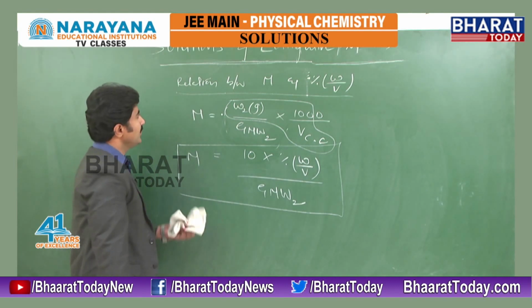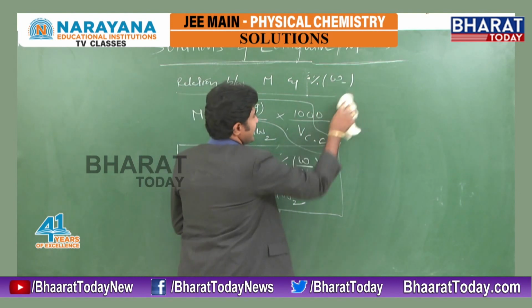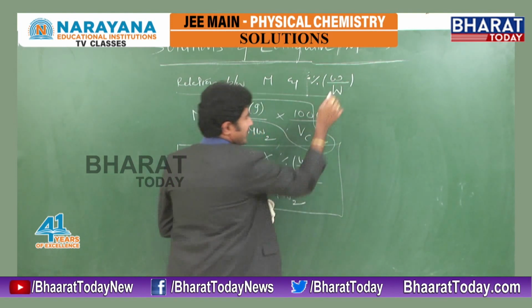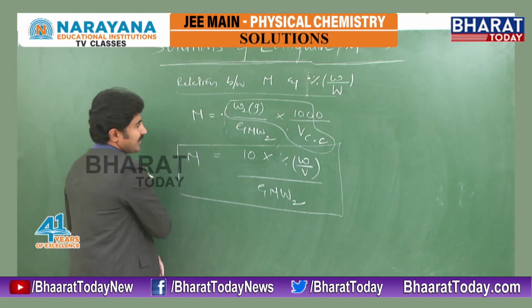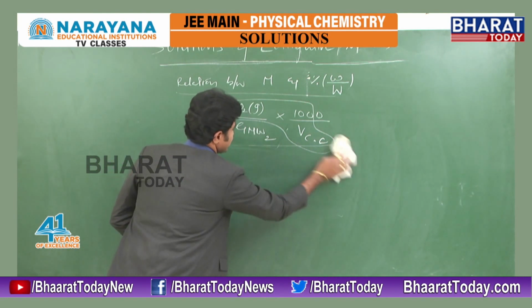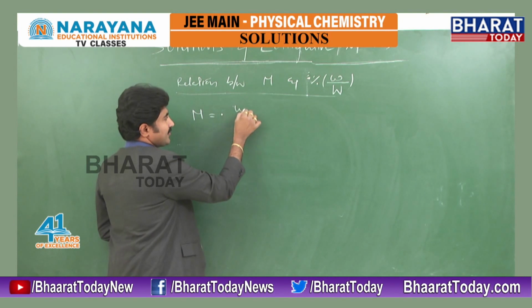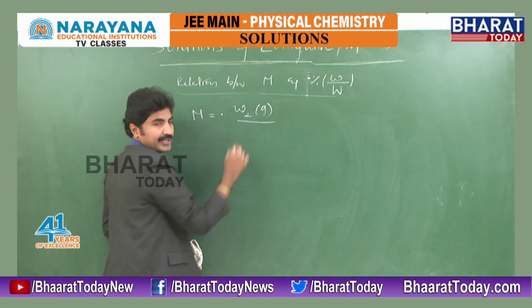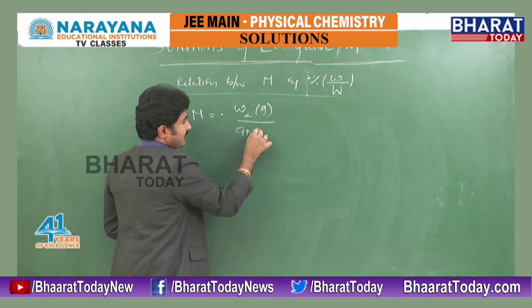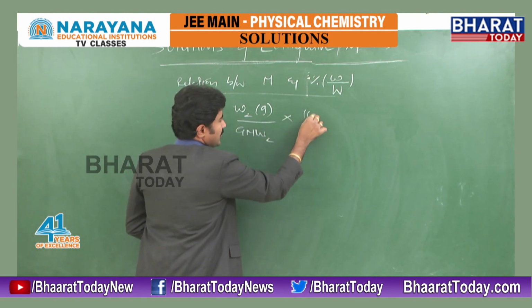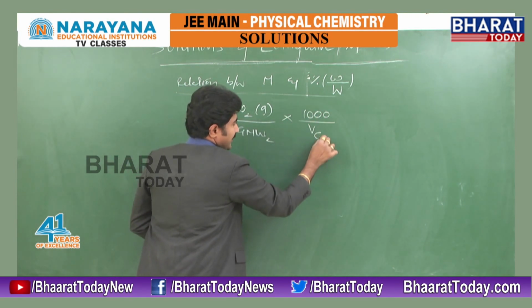See the next one, relation between molarity and percentage weight by weight. We know the molarity expression: weight of the solute in grams by gram molecular weight of the solute into 1000 by volume in cc.